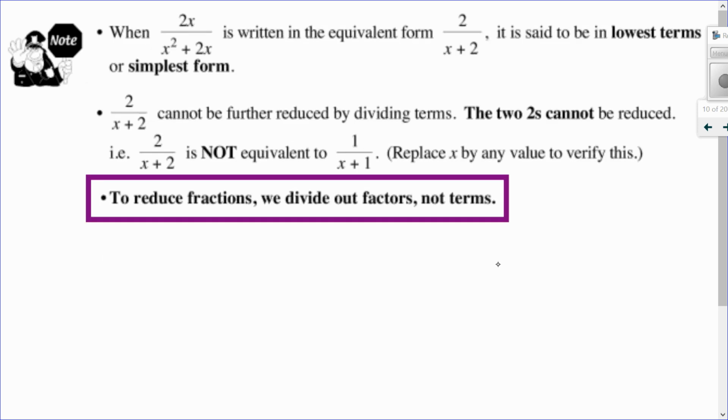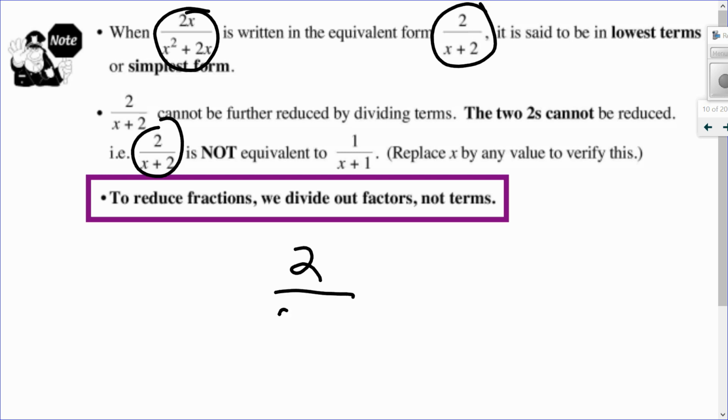Okay, so when this fraction here is written as this, it's said to be in lowest terms or simplest form because there are no other common factors. Now, a big mistake that some students like to make, let's look at this. This was 2 over x plus 2. Some students like to cancel those two out, but you can't do that. The reason you can't do that is in the denominator, let's write that again.